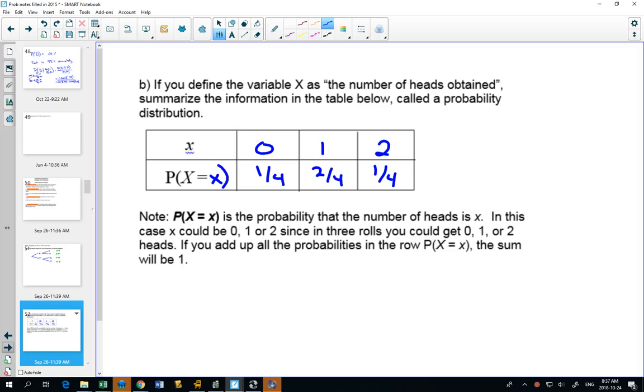And then underneath, we write the probabilities of each one. This part here always adds up to 1 because it's looking at all the possibilities. And so it has to add up to 100% in the end.